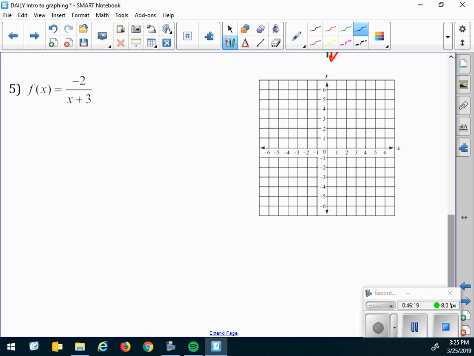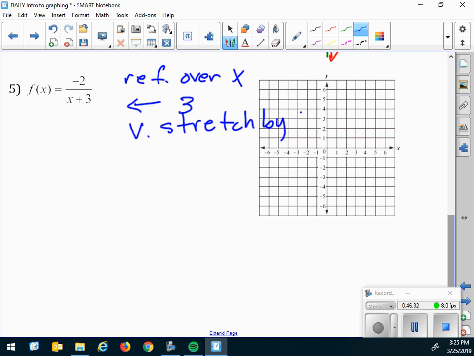Reflect over the x-axis, left 3, and a vertical stretch by 2. That's perfect.